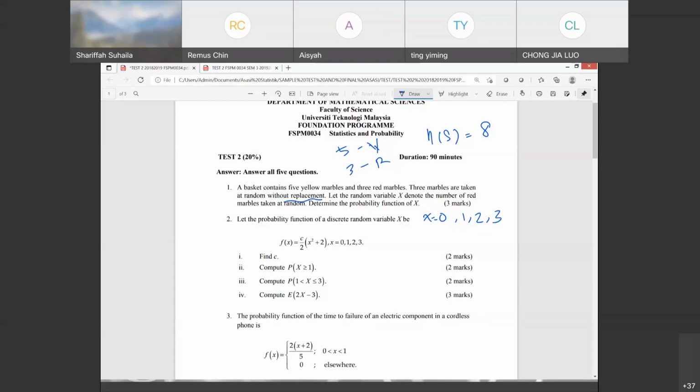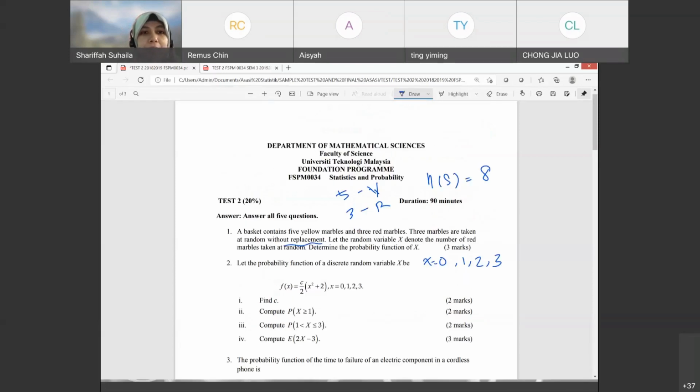So you show your tree diagram, with yellow and also red, then a second branch, yellow and red, and then the third branch, yellow and red. Let's say you want to find the probability that 3 marbles are taken without replacement, so probability x equals 0.